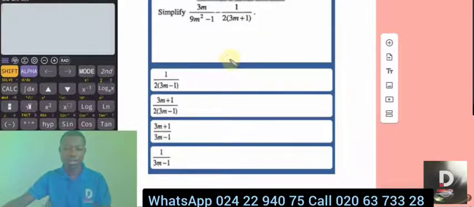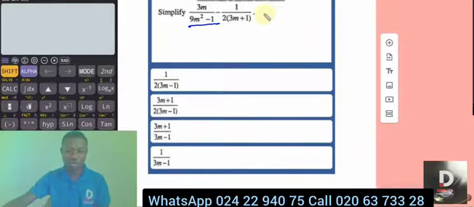Alright, so with this question, like I said, if it's a fraction, you find the LCM, multiply by each of the terms, and move on. Right. Okay. So what is the LCM? Observe it carefully. Can you see this? This will end up in difference of 2 squares. Do you believe that? So you expand it first.